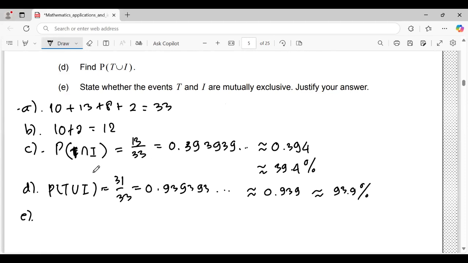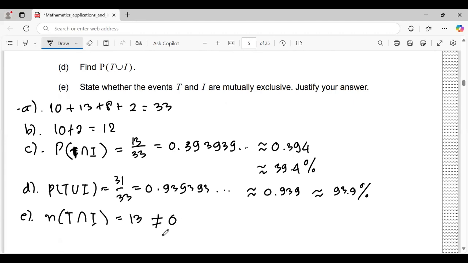Part E. State whether the events T and I are mutually exclusive. Justify your answer. Mutually exclusive happens if T and I have no intersection. But in this case, the intersection of T and I is 13. So it means T and I have an intersection.